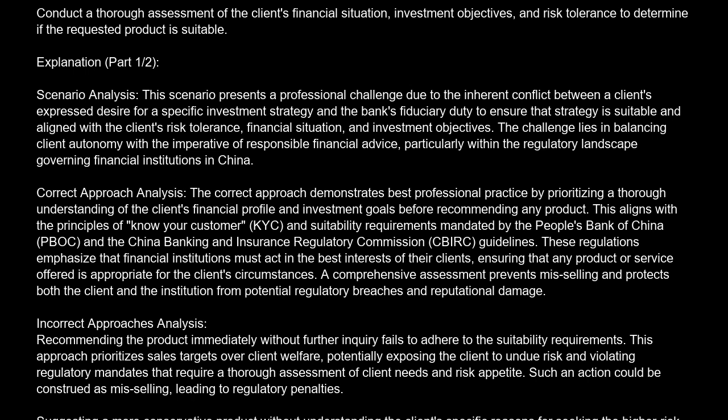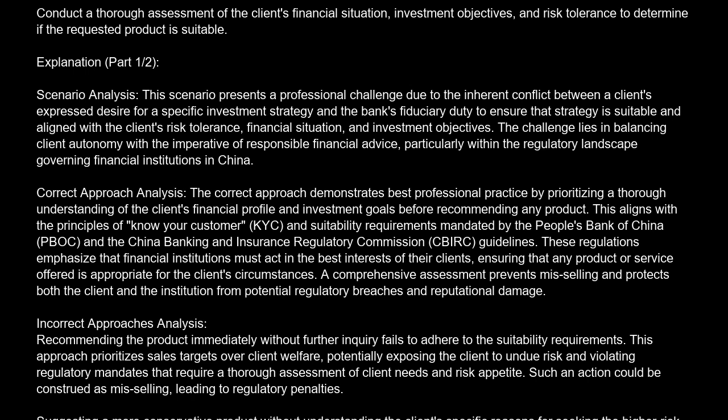Correct approach analysis. The correct approach demonstrates best professional practice by prioritizing a thorough understanding of the client's financial profile and investment goals before recommending any product. This aligns with the principles of Know Your Customer, KYC, and suitability requirements mandated by the People's Bank of China, PBOC, and the China Banking and Insurance Regulatory Commission, CBIRC, guidelines.